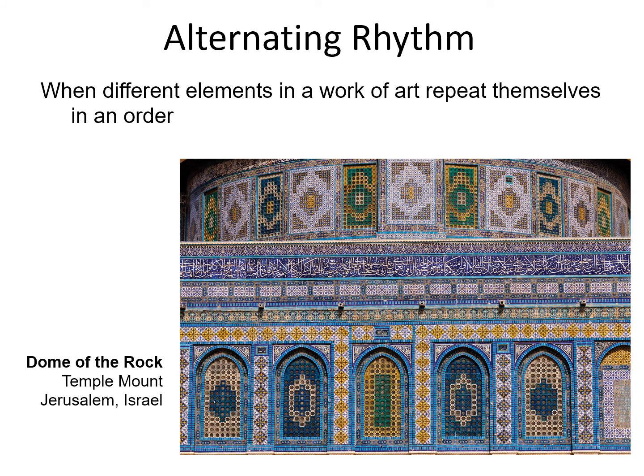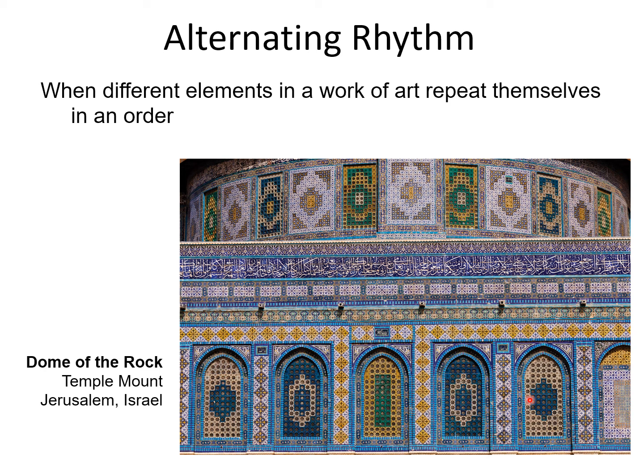Alternating rhythm can be thought of to a certain extent as variations existing within a theme or a motif. And here we see that employed a couple of different ways. It's the Dome of the Rock, Temple Mount, Jerusalem. And starting from the bottom, you have a series of arcades right here.